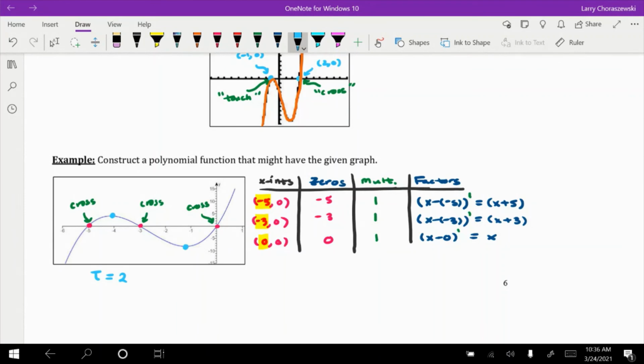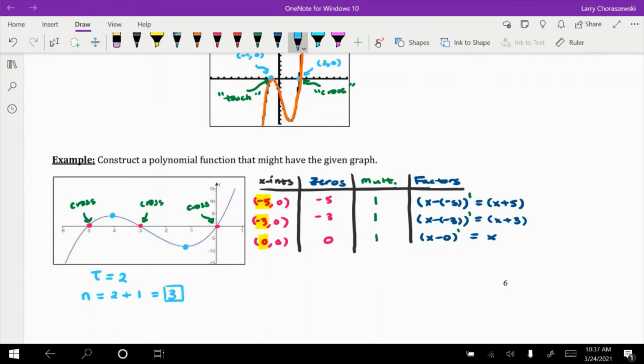So the minimum degree would be given by that formula t plus 1, which is 3. So this graph has to correspond to a polynomial function with a degree of at least 3. And the multiplicities, if you add them all up, they add up to this number 3.